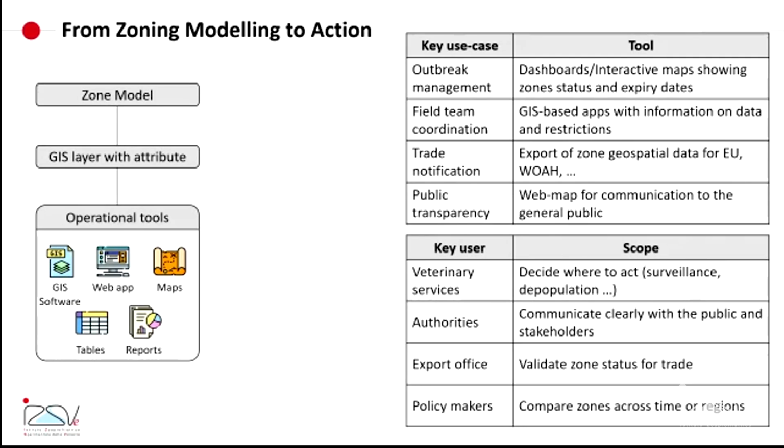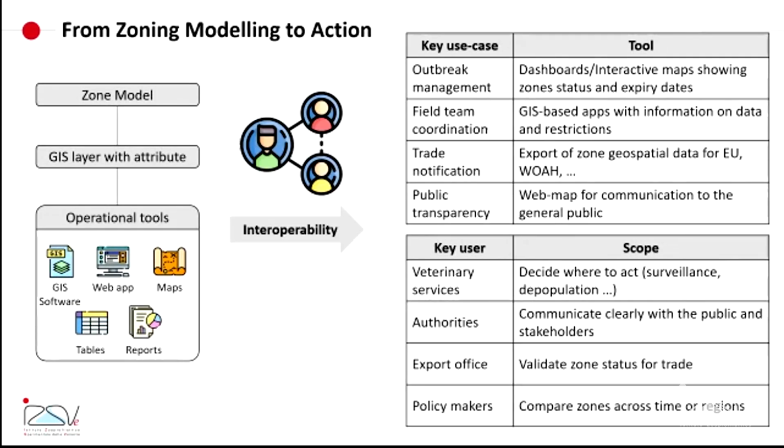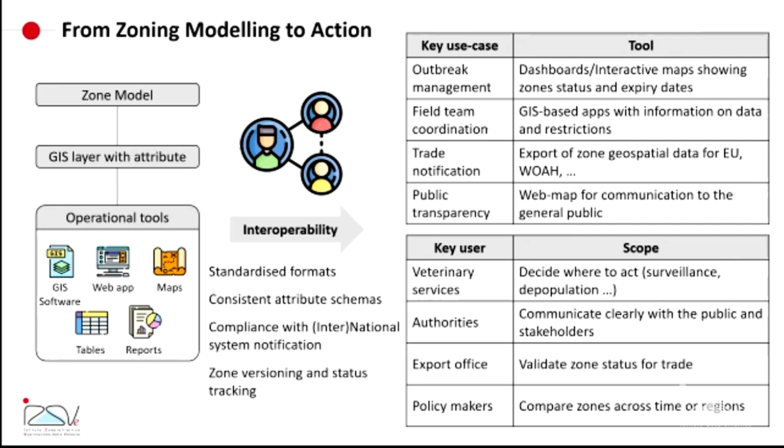But what actually helps the key users to communicate with each other is what is called interoperability. It is essentially what Matteo was saying this morning. It's not a very easy concept for us veterinarians, at least, but essentially it is just using consistent schemas and shared formats to speak the same language.